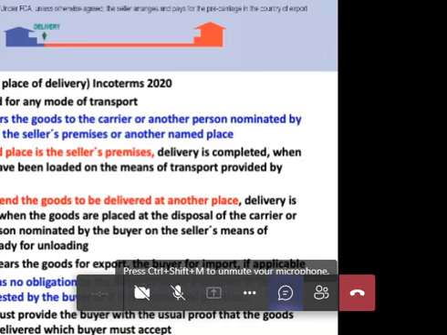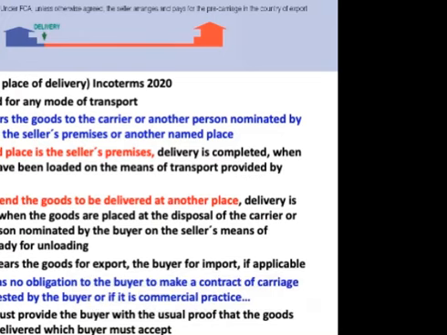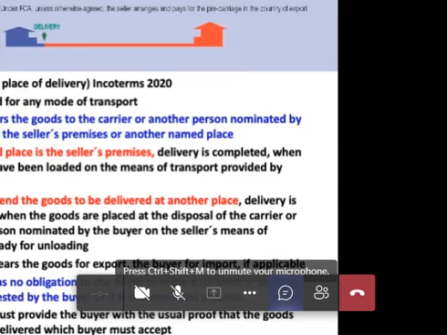FCA ở cảng hoặc ở một kho trung chuyển chẳng hạn, thì bây giờ seller sẽ phải chở cái hàng của mình, đúng không, đến cái cảng hoặc đến cái kho trung chuyển đó, được chưa? Thì ai sẽ là người dỡ hàng xuống khỏi cái phương tiện vận chuyển? Buyer or seller?